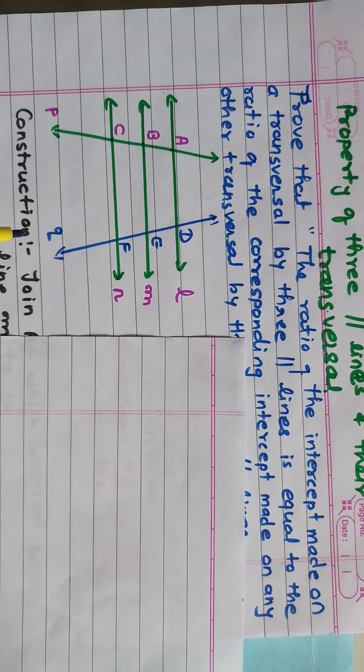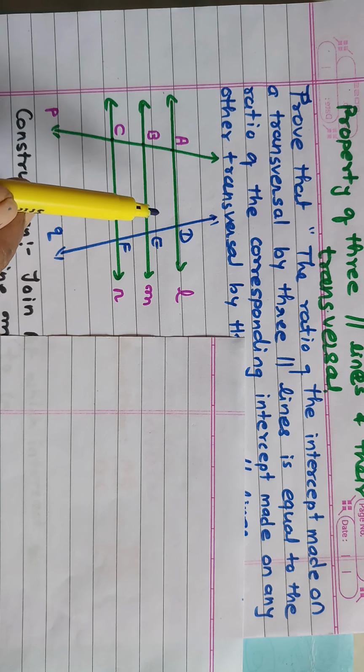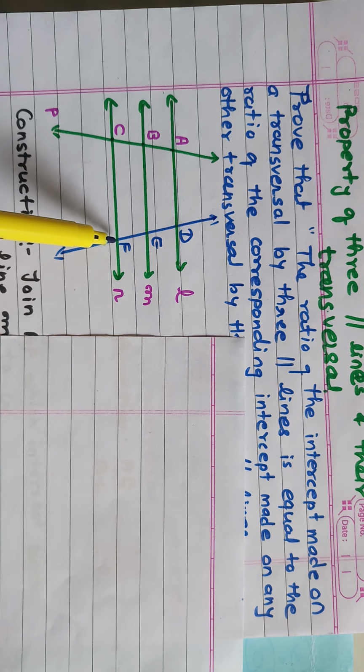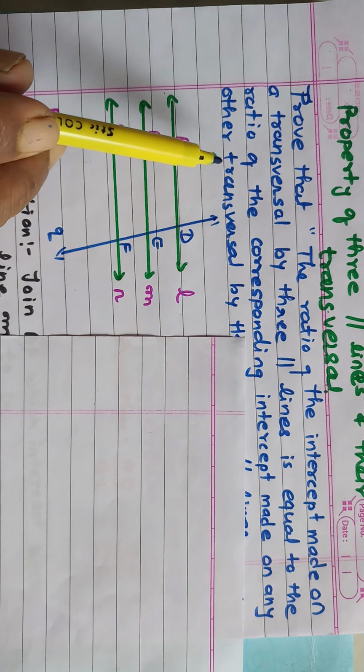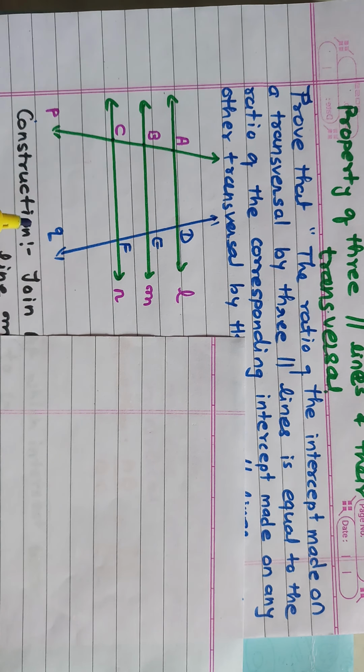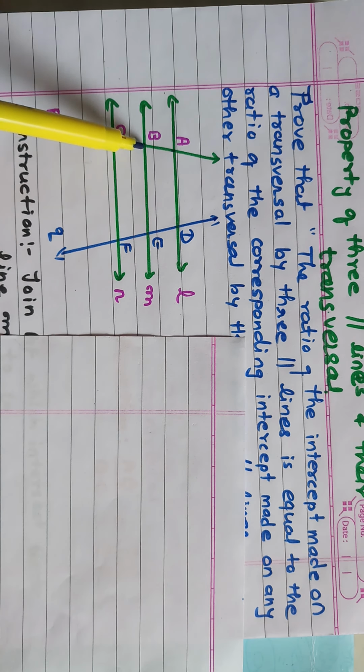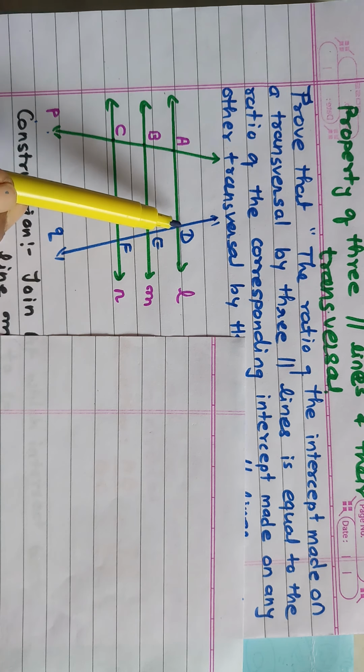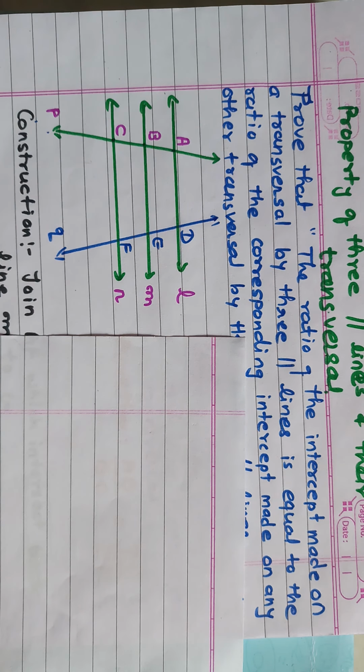The intercepts made by Q on these three lines are DE and EF. Now we have to prove that the ratio of the intercepts made by P and the ratio of the intercepts made by Q are equal. So we have to prove AB upon BC is equal to DE upon EF.